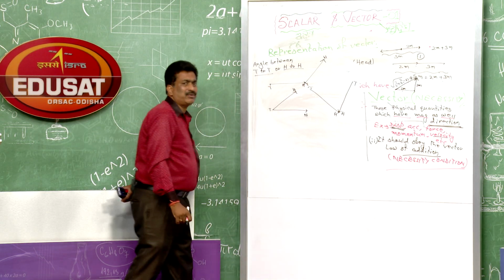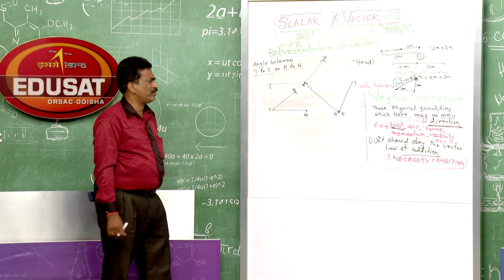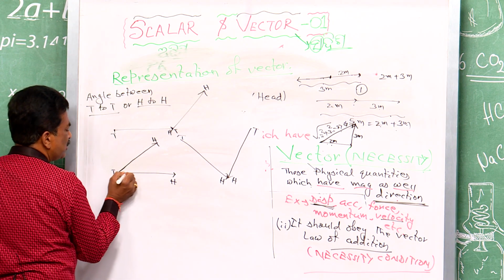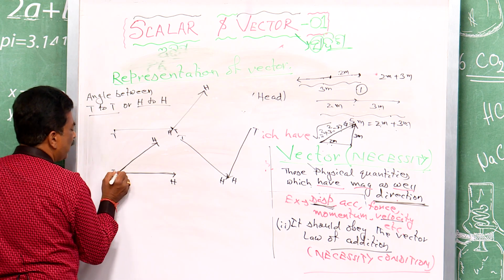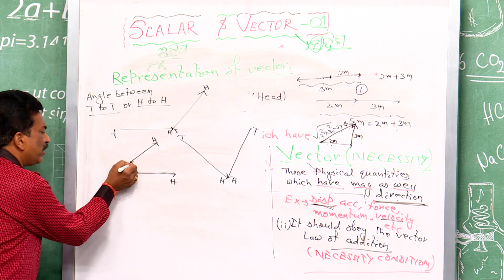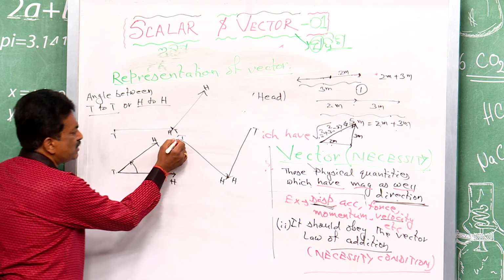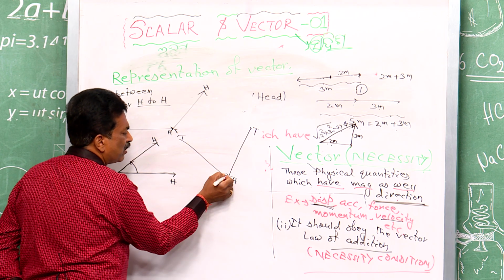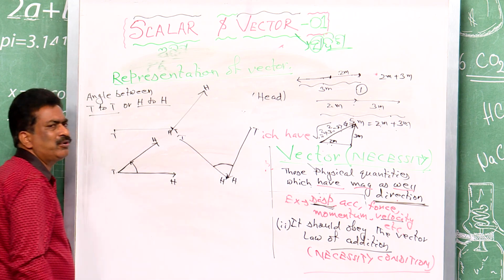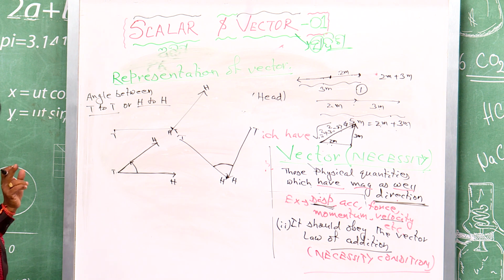You see, this is the tail, this is the tail. These two tails are coinciding here, so this is the angle between the vectors. And this is the head, this is the head. They are coinciding here. This is the angle between the vectors.